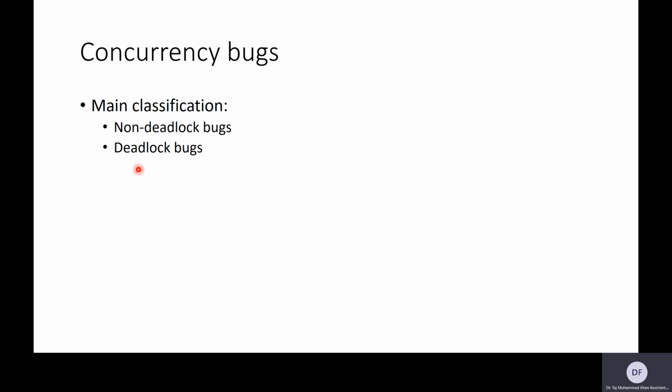So there is a circular wait condition in which everybody is waiting for the other thread to release a resource before it can release its own resource, and the other thread is waiting for the original thread to release its resource before it can release its own resource. So there's a circular dependency and everybody is waiting for each other and they're all stuck. None of them can make progress.